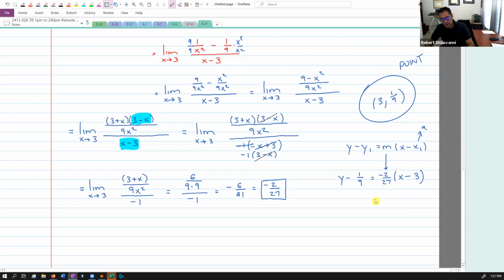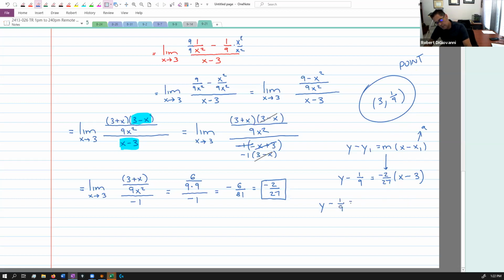And now you can move everything over. Let me do this. I'll distribute the -2 over 27 through. When I distribute it over here, I get positive 2 over, what is that, 9? Positive 2/9, I believe, because it becomes positive 6 over 27, and then 3 goes into each of those.